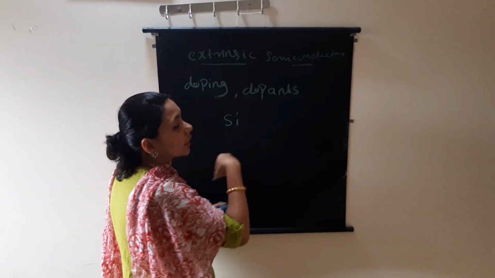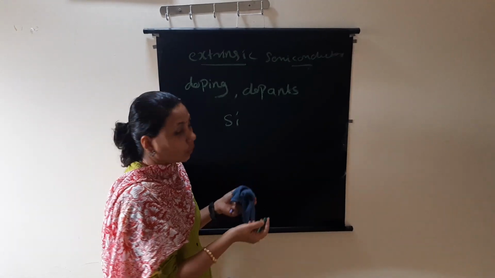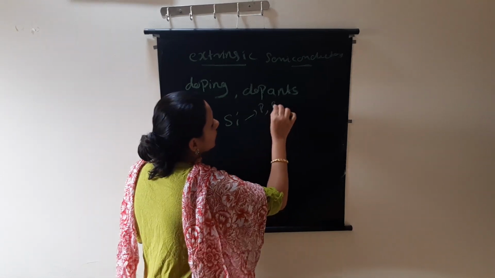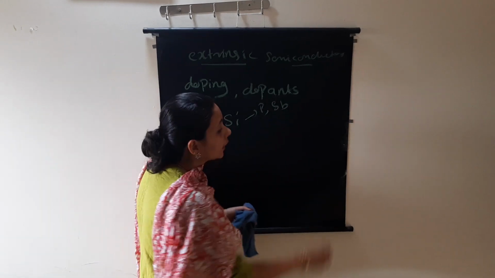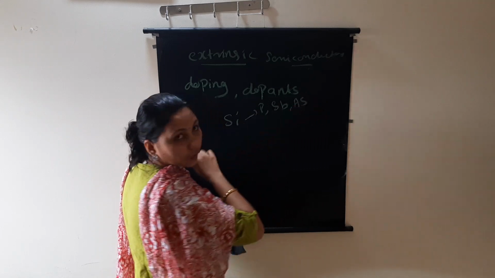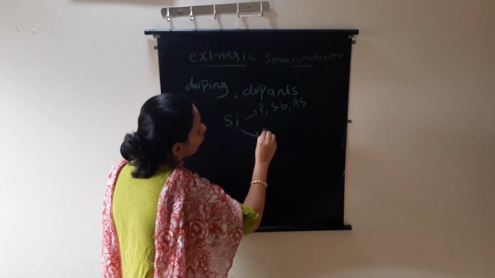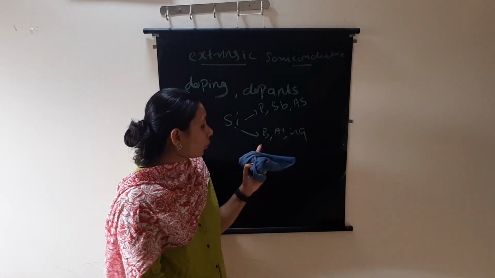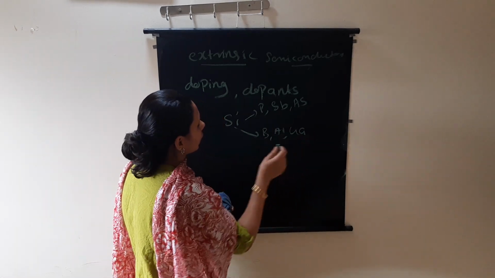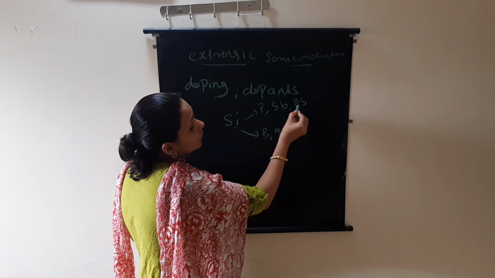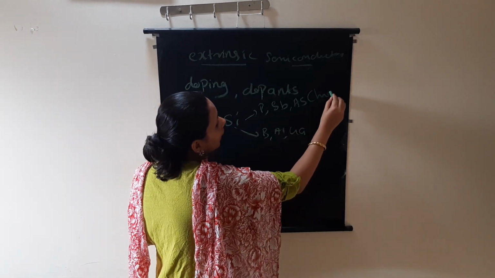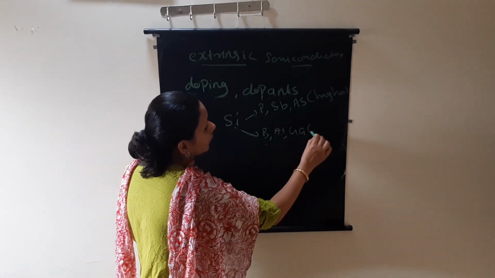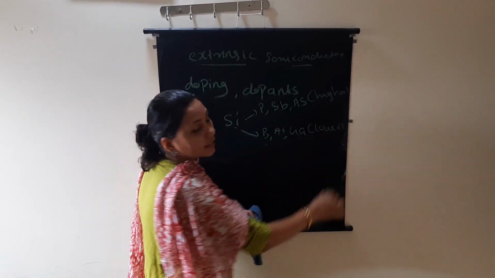To increase the conductivity of silicon, we can add phosphorus, antimony, and arsenic, or we can add boron, aluminium, gallium, etc. Here phosphorus, antimony, and arsenic have higher valency than silicon, and boron, aluminium, and gallium have lower valency than silicon.